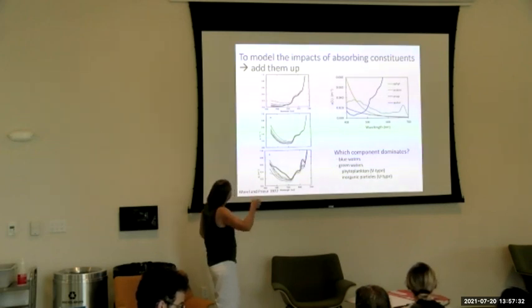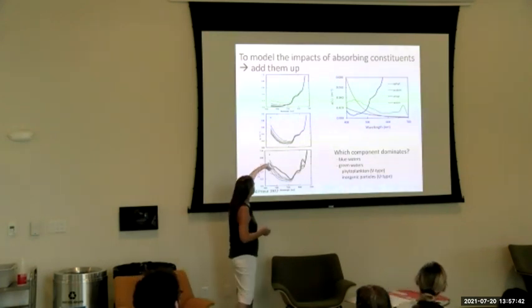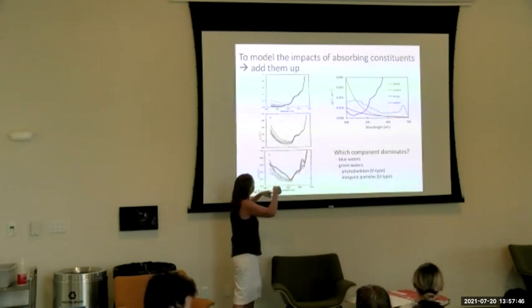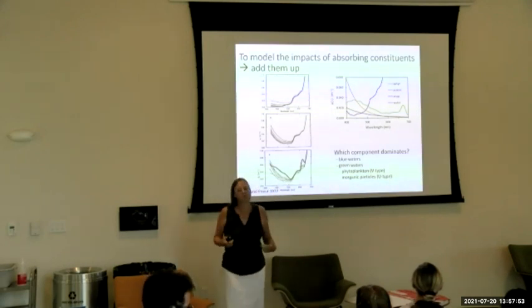You can see that this would be a very low amount of components. This has a lot of CDOM in it, and this has a lot of phytoplankton in it. By looking at the shape of these curves, they call this the V shape, they call this the U shape, and they call this very water-like. By looking at that shape, it tells you who's in the water.